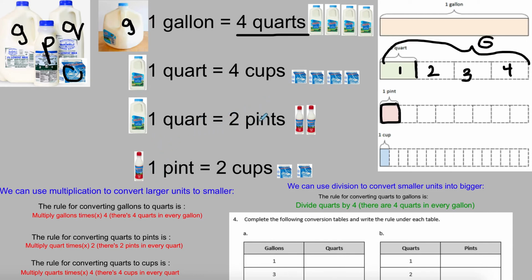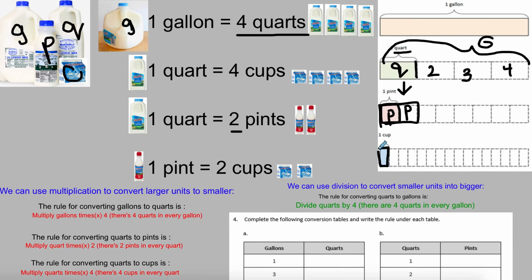And the reason we know is that we have 1 pint. And if I know that 2 pints make a quart, right? Here's my quart right here. And you see that 2 pints make up a quart. Here's 1 pint, here's another pint, and 2 of them make up 1 quart. This is 1 quart, okay? Now if I come down here to the cup, oh, it's so small, and I know it's so small.